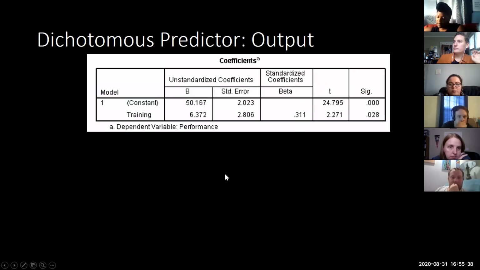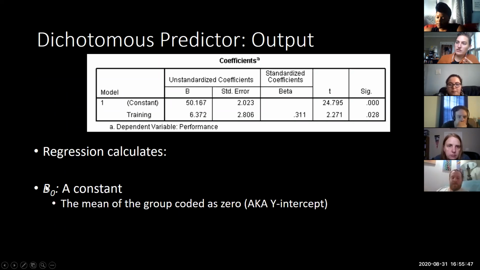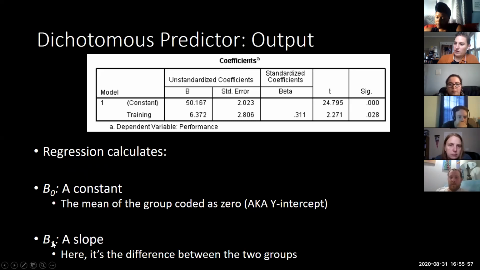So here is an output looking box. This is an output of a regression, because regression is going to calculate the B0, which is the intercept or the constant, right here. And then you also get B1.